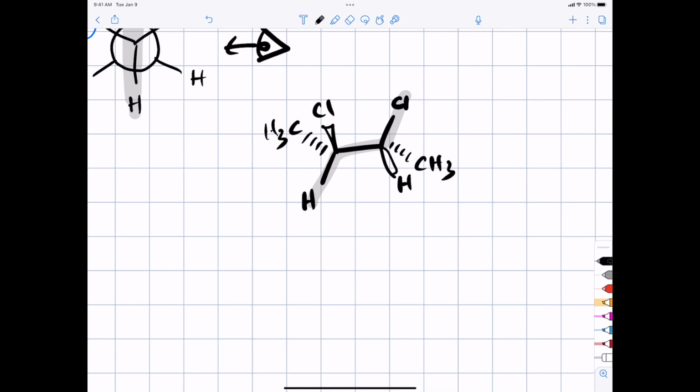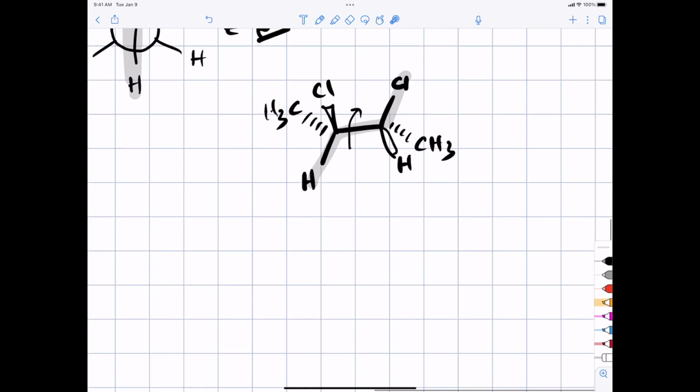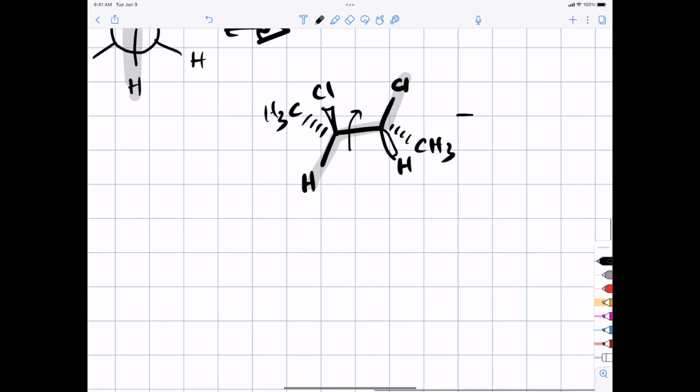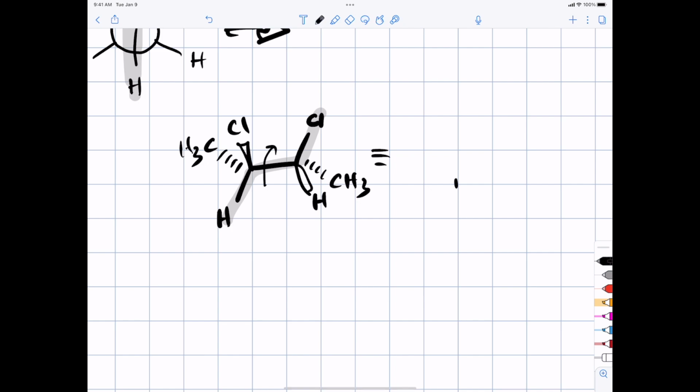Now, all I really need to do is rotate a little bit around this carbon-carbon bond. I'm going to grab a hold of this chloro group and pull it up so that it should be a wedge pointing out at me. And in so doing, this hydrogen is going to be pulled downward into the page so that I can redraw the molecule as hydrogen here, chloro here, methyl here, methyl there.